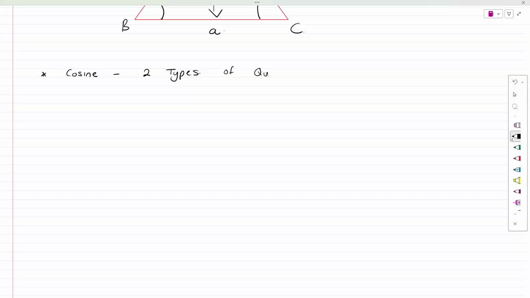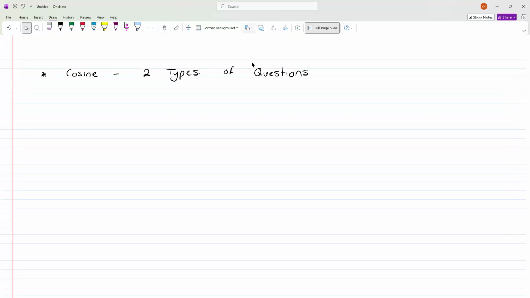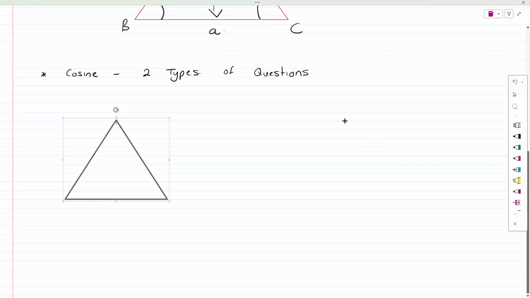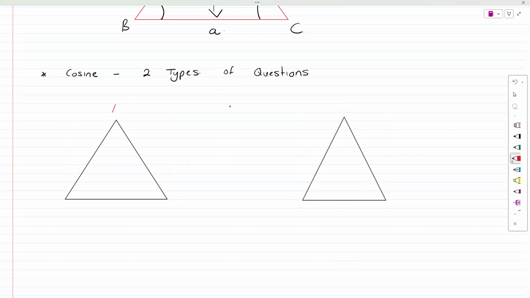Let's start with the first one. Cosine will only work when we have all three sides.